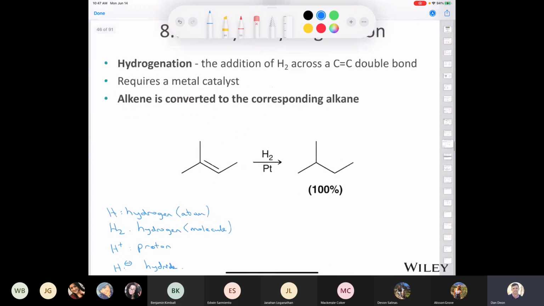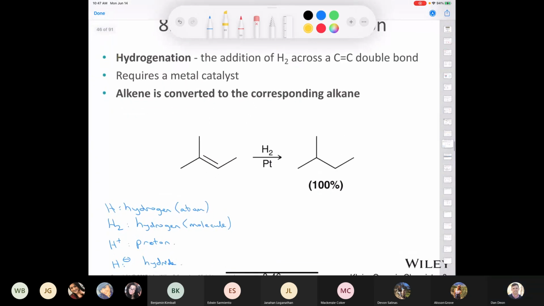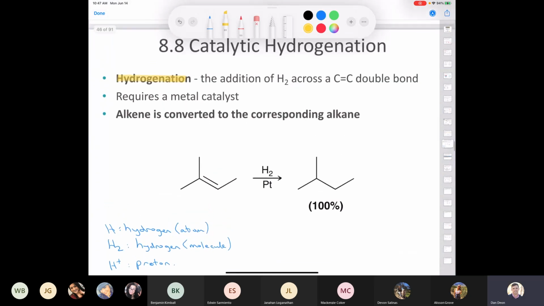So what we're doing in hydrogenation, okay, is we're adding H2 across the double bond. In order to do this, it requires a metal catalyst. The metal catalyst can be palladium, it can be platinum, or it can be nickel. Not all three at once, not two at once, but it can be one of these at a time.